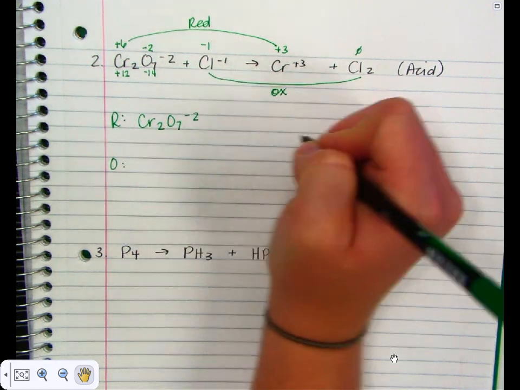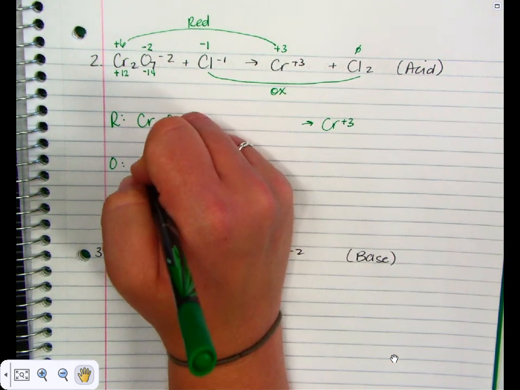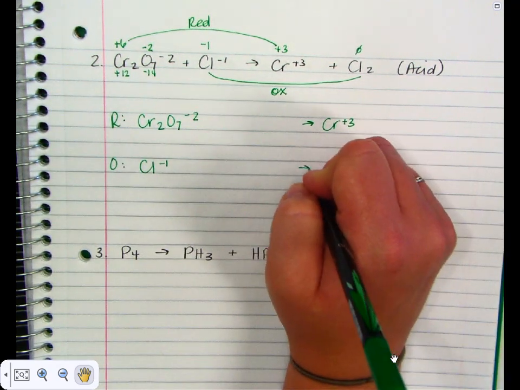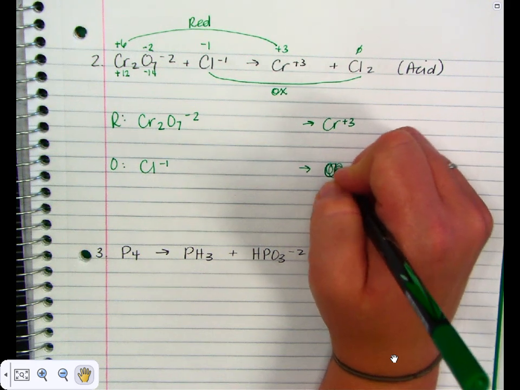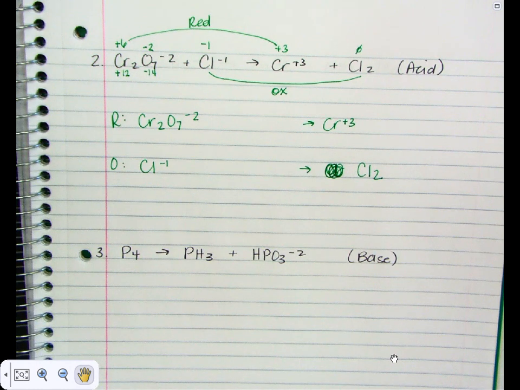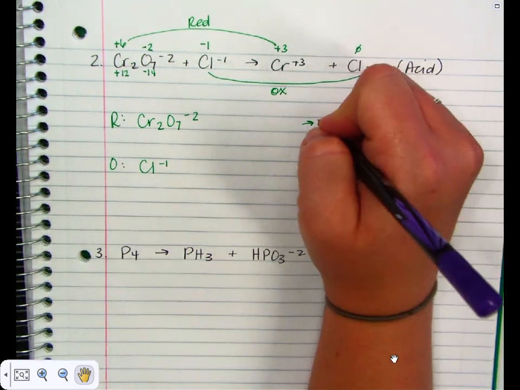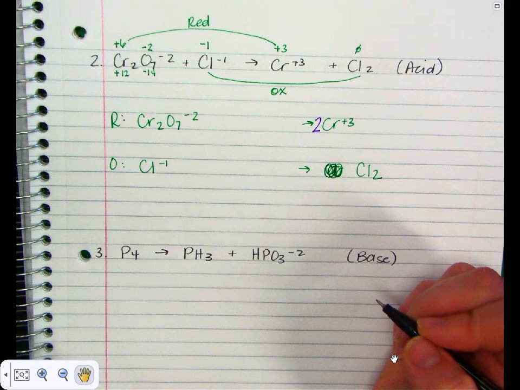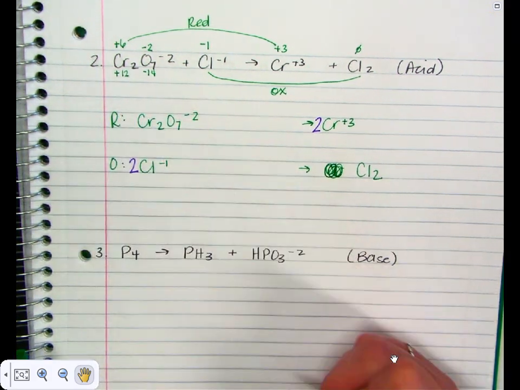Cr2O7 -2 to Cr +3, Cl -1 to Cl2. All right, so first thing I need to do is balance. I've got 2 chromiums and only 1 chromium, so I'm going to put a 2 here. That'll take care of that balancing. I've got 2 Cls and 1, so I'm going to put a 2 here. That'll take care of that balancing.